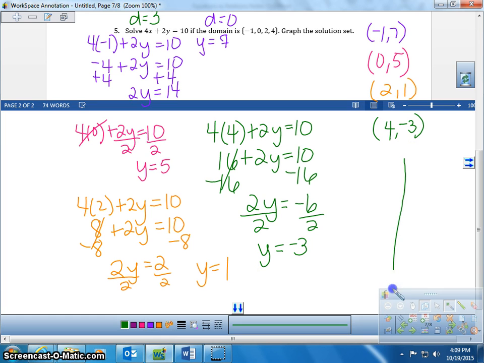So if I were to graph this, you'd sketch a graph to the side. Your biggest x is 4, so I'm going to go up to 4. My biggest y is 7, so I'm going to go up 1, 2, 3, 4, 5, 6, 7. So I'm going to plot -1, 7, 0, 5, 2, 1, and 4, -3.